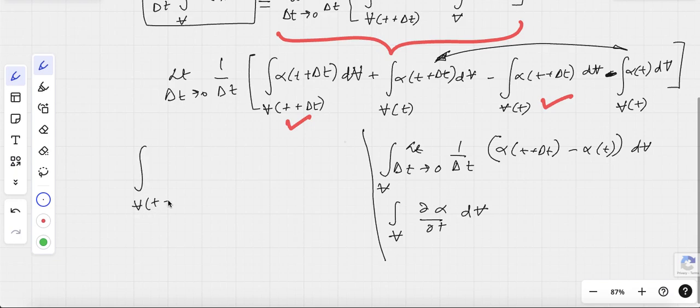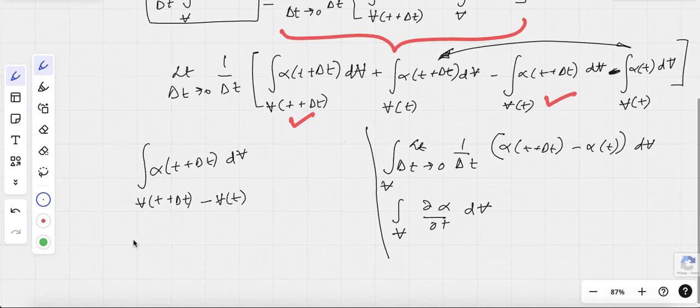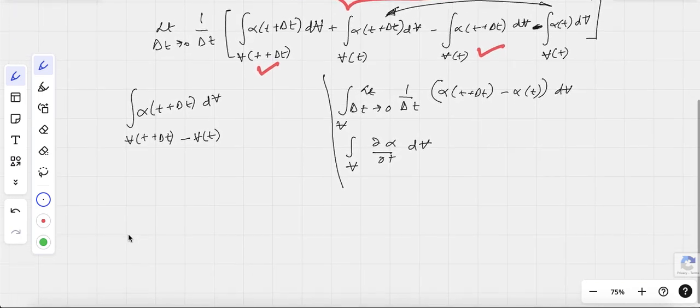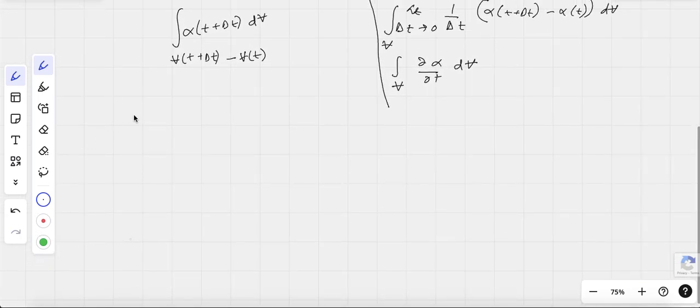V of t plus delta t minus this V at the bottom, alpha(t plus delta t) dV. These two terms can be clubbed and written like this. So what this actually means? This means this was the original surface at time 1. This surface, let's say I've changed to this, right?